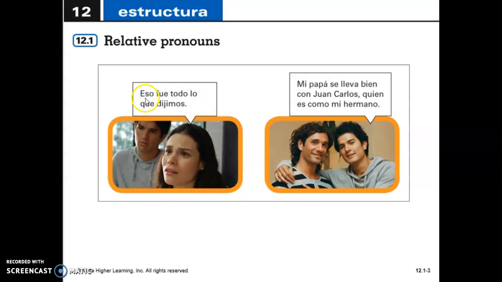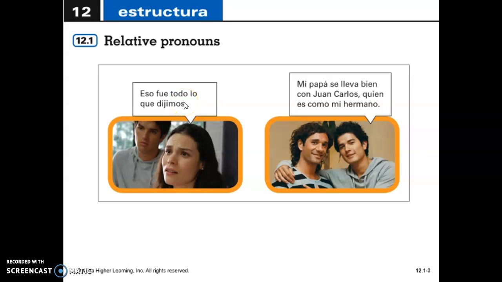In this one it says, eso fue todo lo que dijimos. That was all what we said. So then again, we are referring to what we said, and instead we are going to say lo que dijimos. That was all what we said, okay?